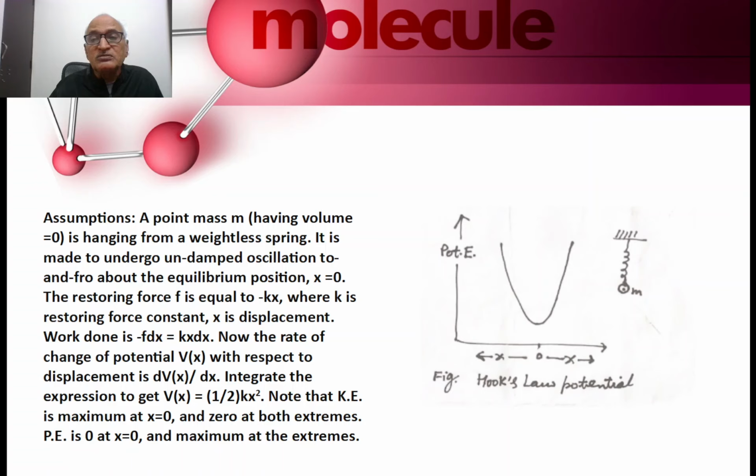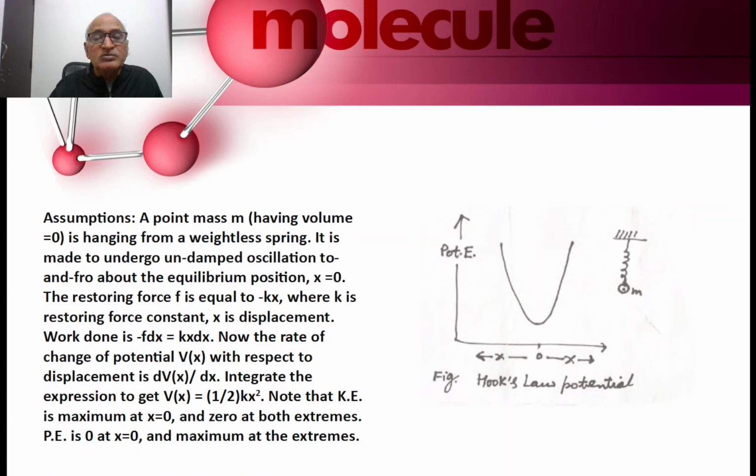Second assumption, again a very jokey one: the spring with which the atom M is suspended is weightless. As we know, a spring can never be weightless. But for mathematical convenience, we have to accept this.